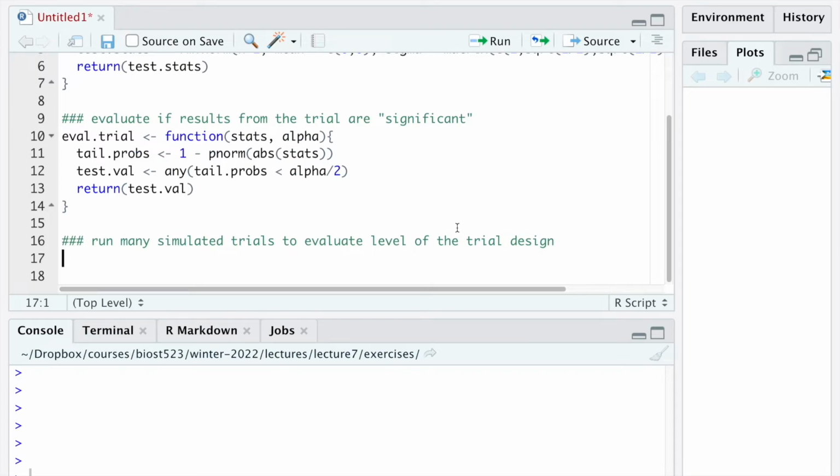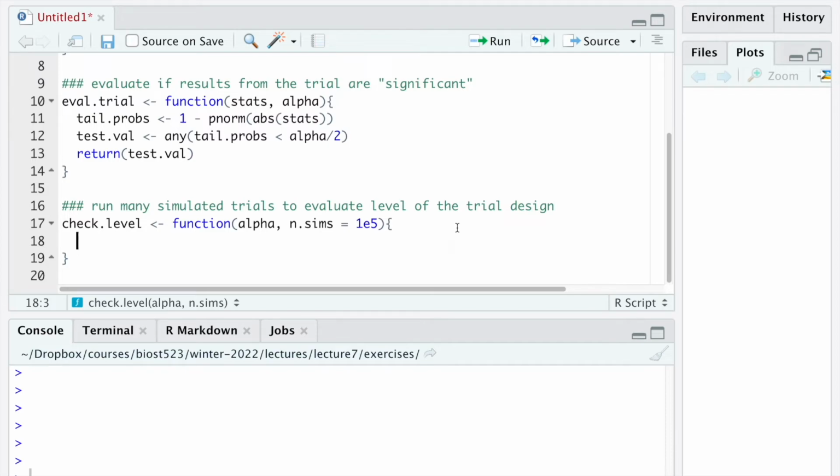Now finally, we want to use both of these functions and run a Monte Carlo simulation that generates data from many trials, evaluates for each of those trials if there's a significant finding, and calculates the overall level. So we create a function that I'll call check.level. And it's going to take in an argument alpha and an optional argument nsims, the number of simulations to run, and I will set the default to 100,000.